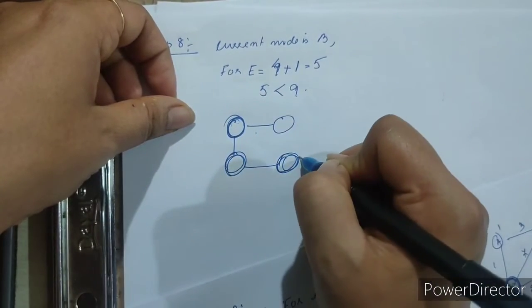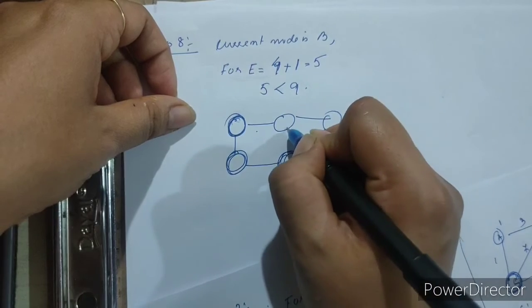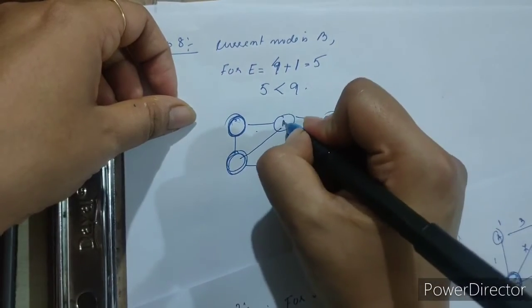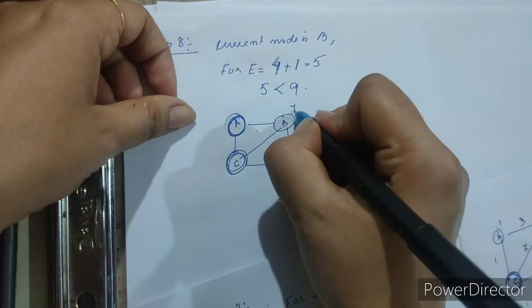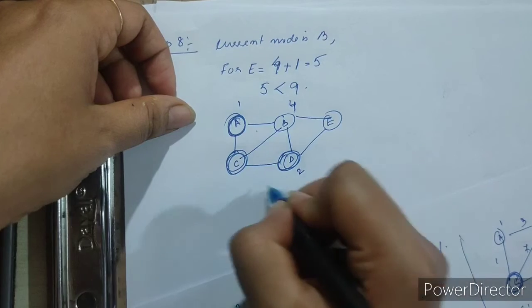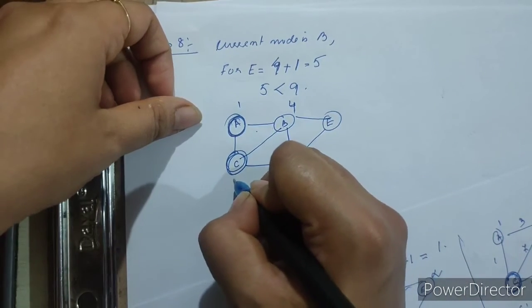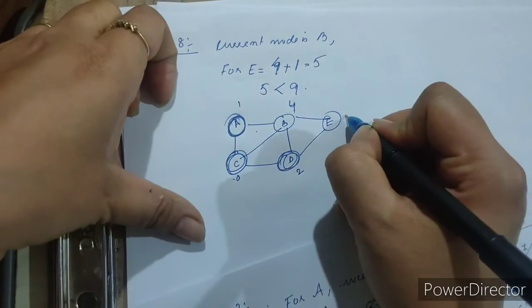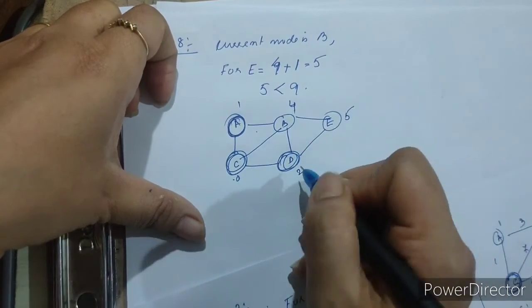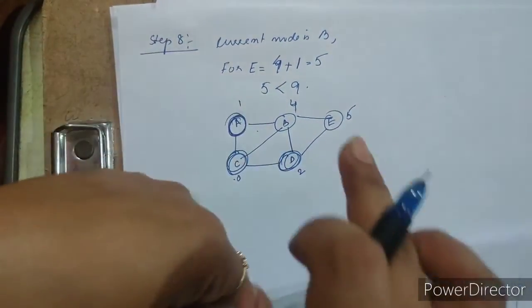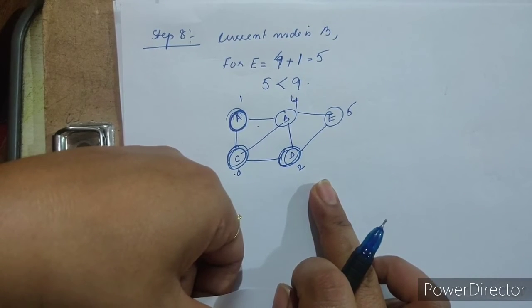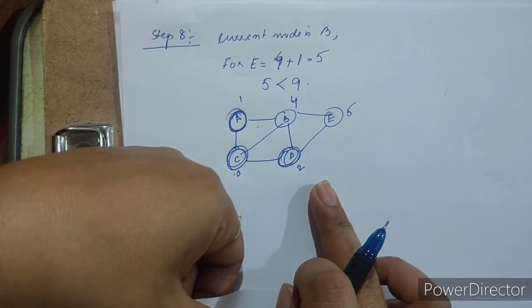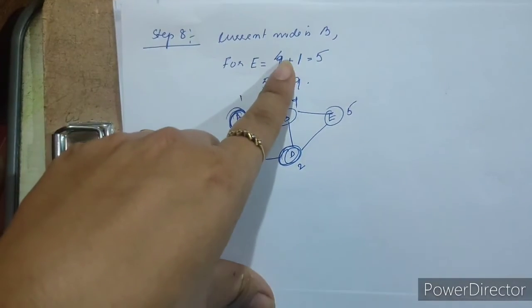This is also B, E, D, C, A, right? So this was 4, this is 1, this is 2, this was 0, right? And then this is changed to 5. This is changed to 5, and then mark this change for the node B, right?